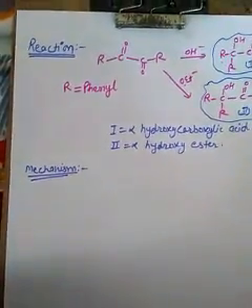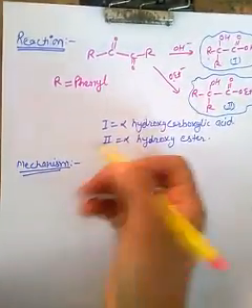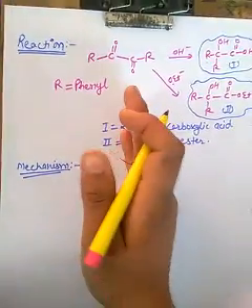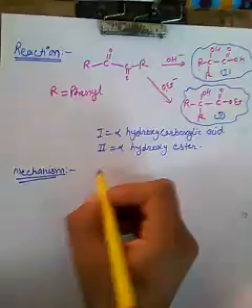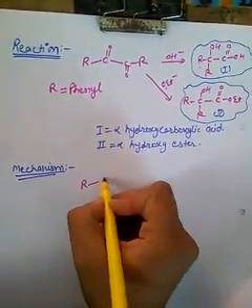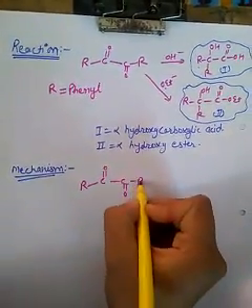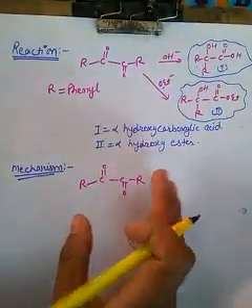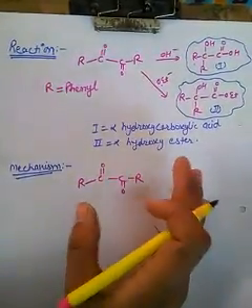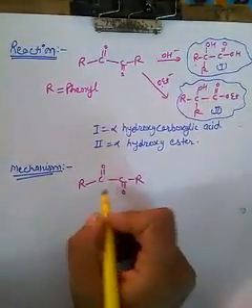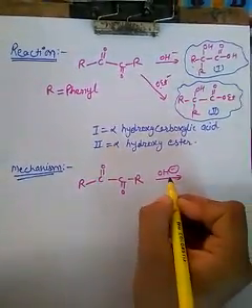Okay, so the mechanism of benzilic acid rearrangement is a very simple mechanism. This is the diketone. From the mechanism you get a clearer picture of why the reactant taken here should have no alpha hydrogen, because the reaction takes place in the presence of base.